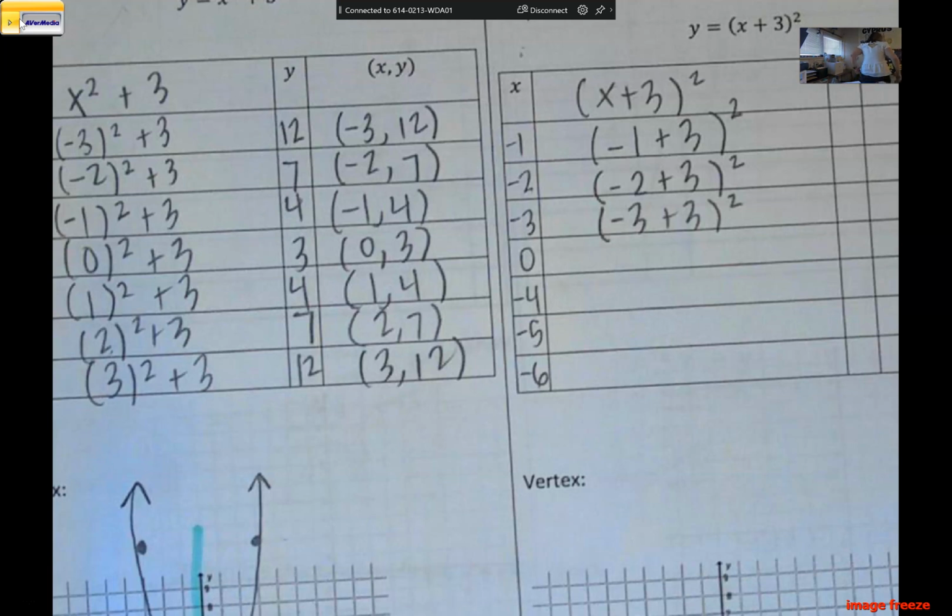If you have all the points, you can graph them, or hopefully you can graph them. I'll come around and see how you do. Okay, we need at least another minute.